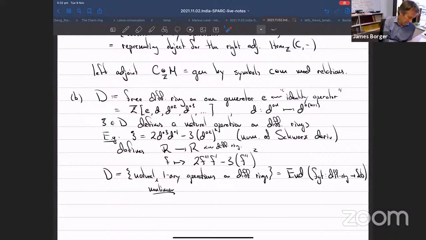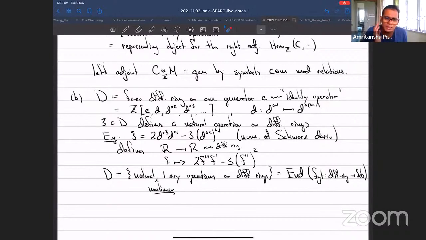But now we want to take all polynomial operations. Those would be the natural linear operations, but now we even want nonlinear ones. So you take an element of a differential ring, you take its derivative and then square that. That's something which is not at all additive or multiplicative.